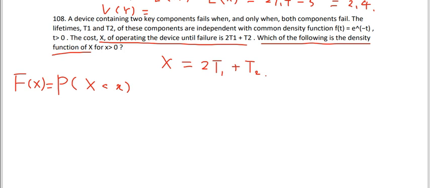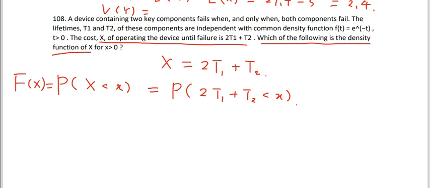So this probability is 2t1 plus t2 less than x. We need to find this probability.